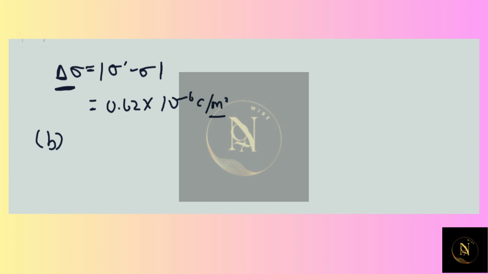And in part B, we want to figure out the dielectric constant of this material. Because the charge is fixed on this plate, before we insert this material, we have the potential difference V equals Q over C, right? And after we insert this material, V prime will be equal to Q over C prime, right?